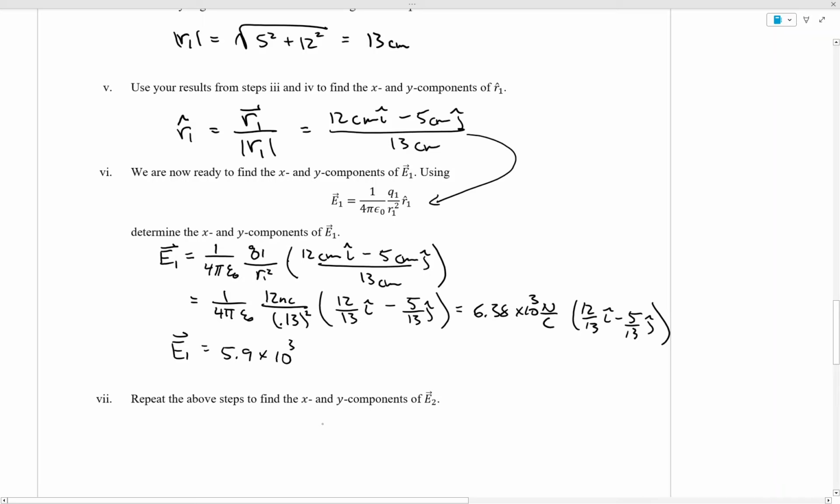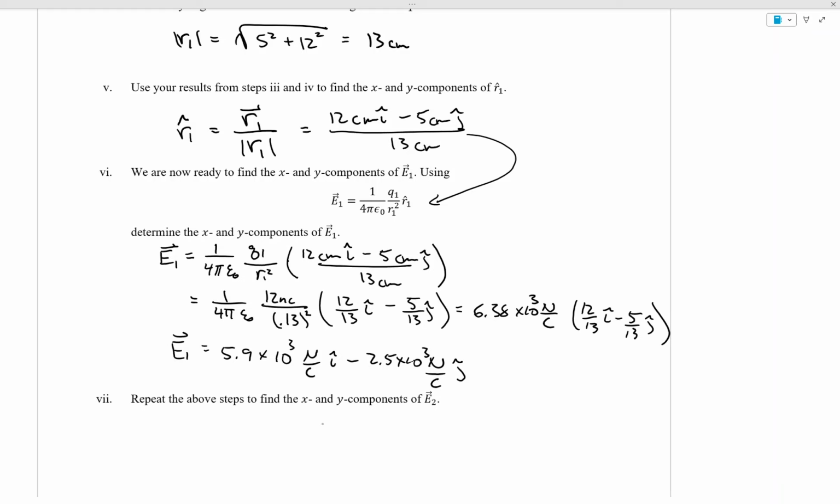We get 5.9 times 10 to the third newtons per coulomb in i hat minus 2.5 times 10 to the third newtons per coulomb in j hat. So no trig functions, but we've extracted the x and y components of E1.